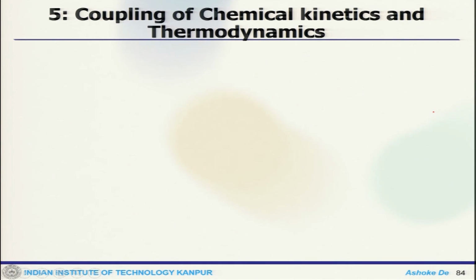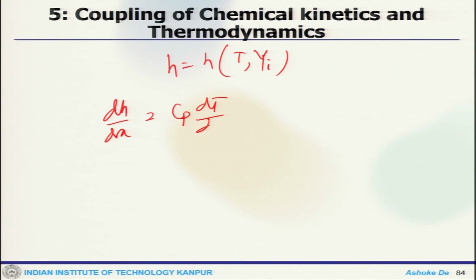So, using the ideal calorific equation where h is a function of temperature and the mass fractions, dh by dx can be related to Cp dT by dx plus summation i equals 1 to n of hi dYi by dx. So, this is 5.46.